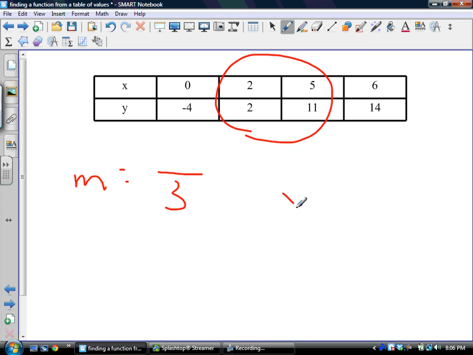So that's 3. Remember, on top is the change in y's. That went from 2 to 11, so that went up 9. And so m, that number that goes in front of x on this one, is 9 divided by 3, or 3. So I know my equation will look like y equals 3x plus something.